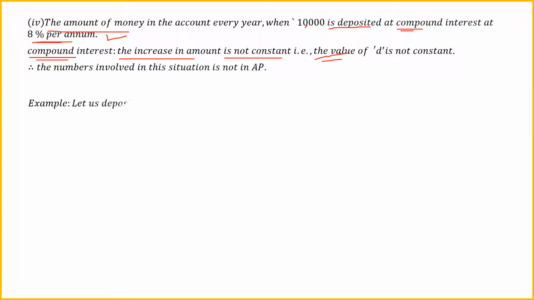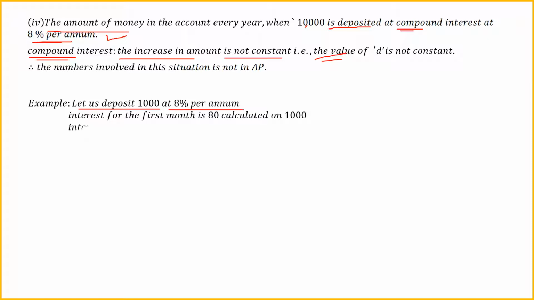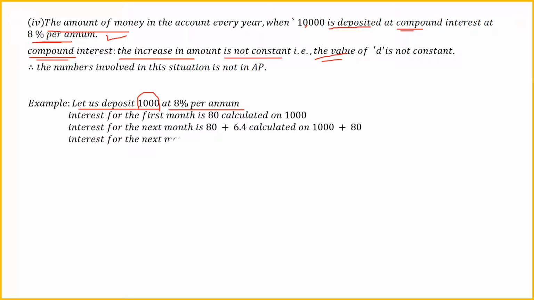an example where we have deposited 1000 at 8% per annum. If 1000 is deposited at 8% per annum, for the first year the interest would be 80.